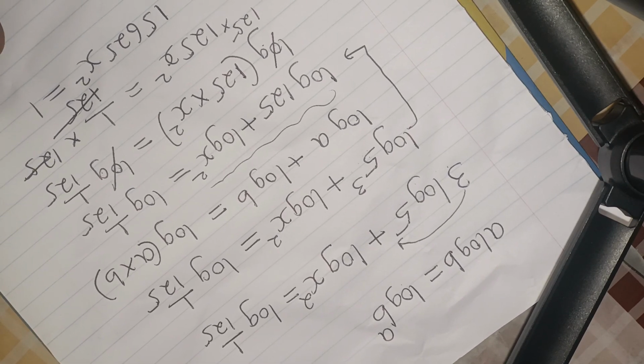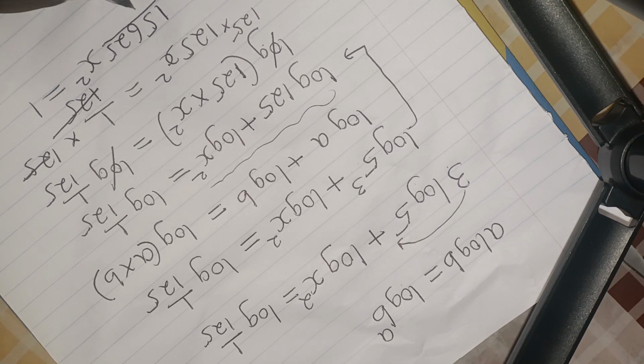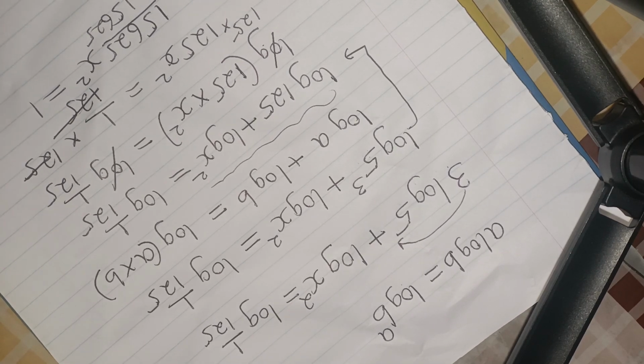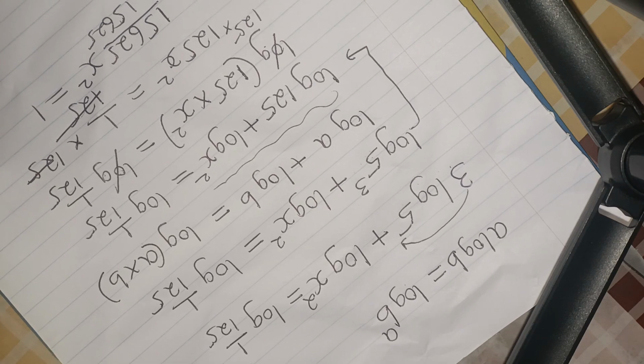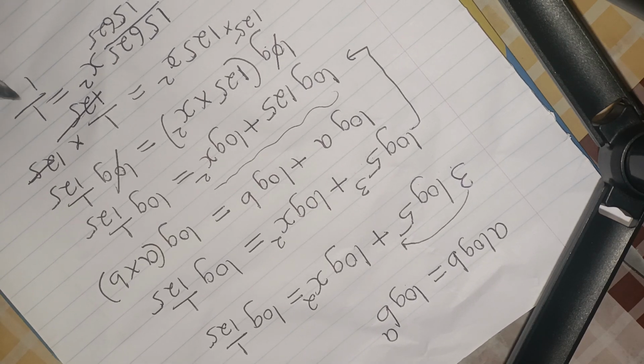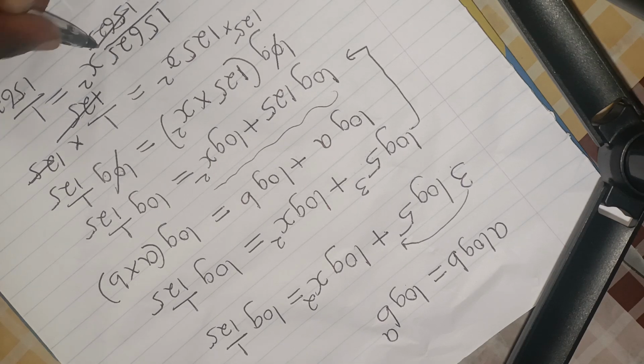Correct. So I divide both sides by 15,625, so that this and this will disappear.